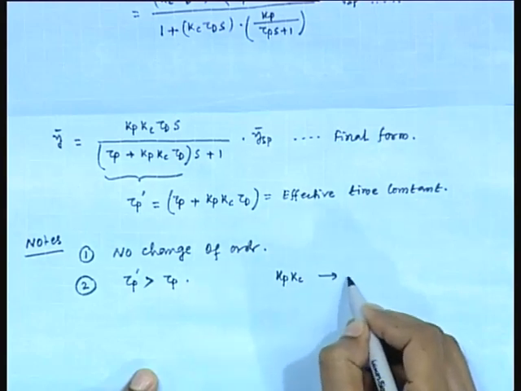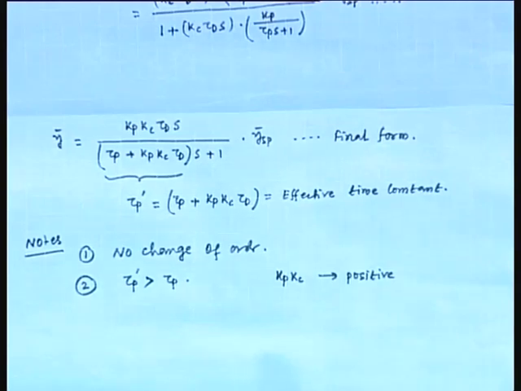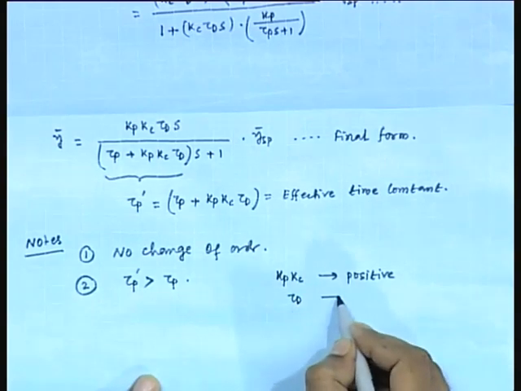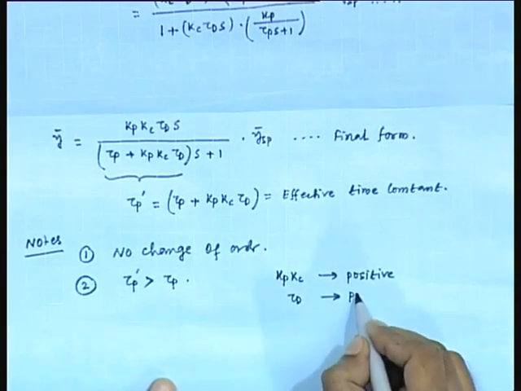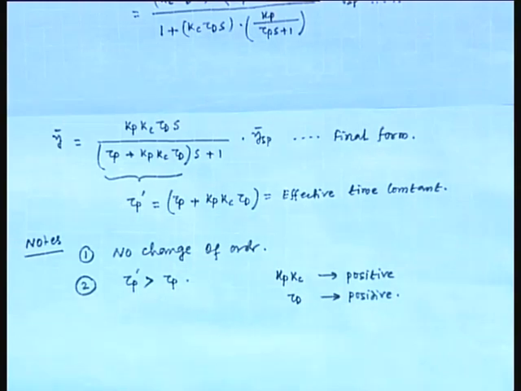The multiplication of Kp and Kc is positive, and tau d, a time constant, is always positive. So, this is also positive. Therefore, tau p prime is greater than tau p. So, what does it indicate? The overall response becomes sluggish, slower.